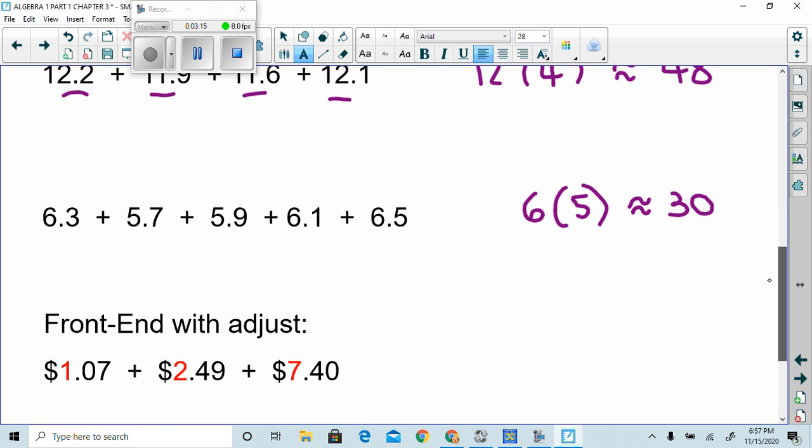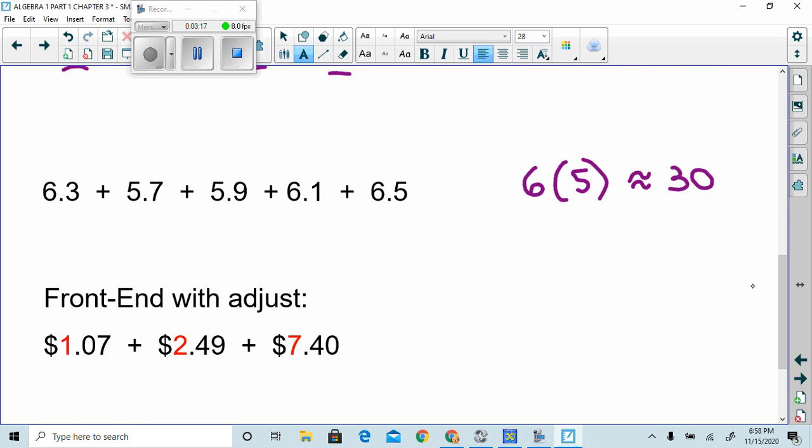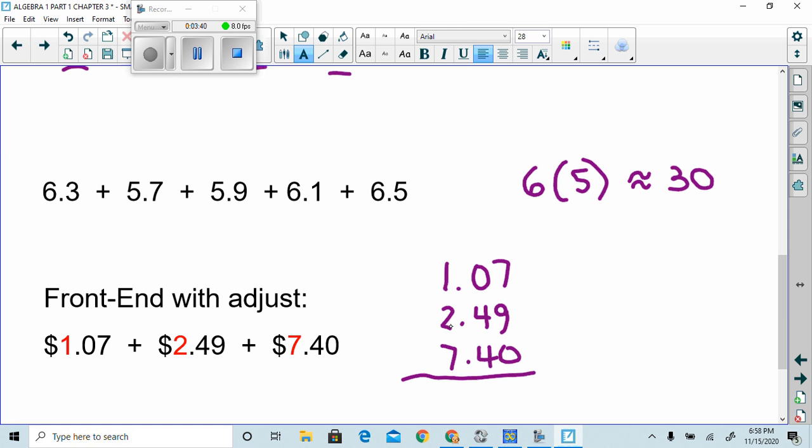Now let's go back to that front end with adjust. We had only done one or two problems at the end of our last meeting. So front end with adjust says I'm taking these numbers, in this case it's dollar values, $1.07, $2.49, $7.40. They're telling us to take this first column here and add them up. 7 plus 2 plus 1 gives me 10.